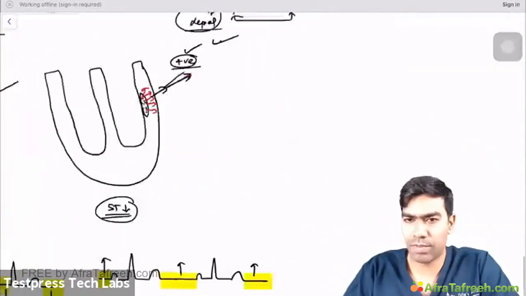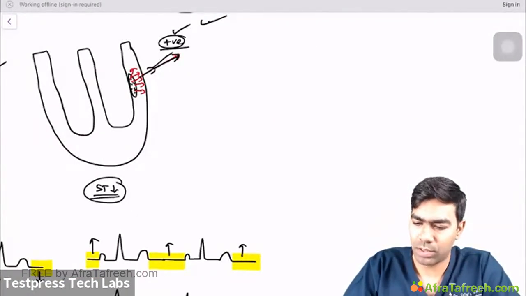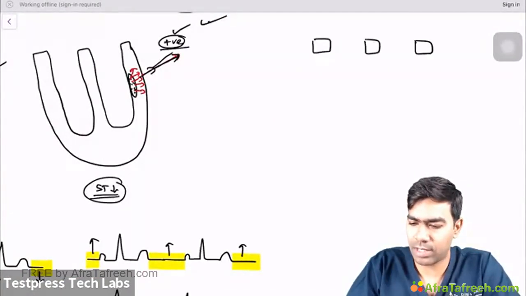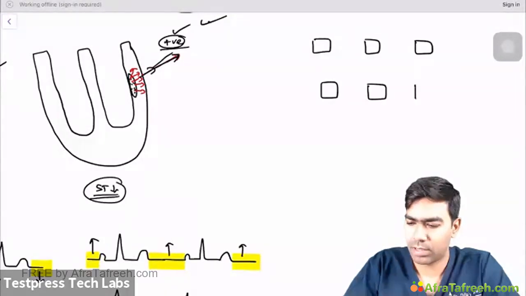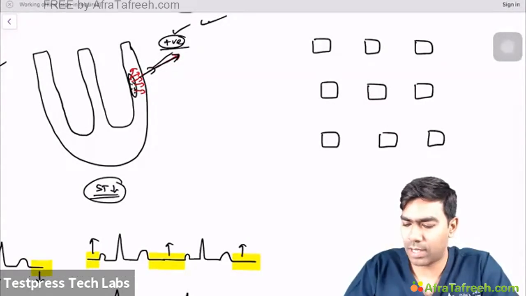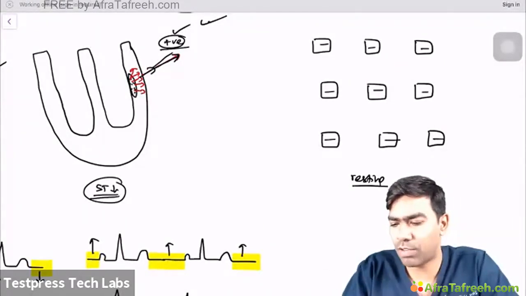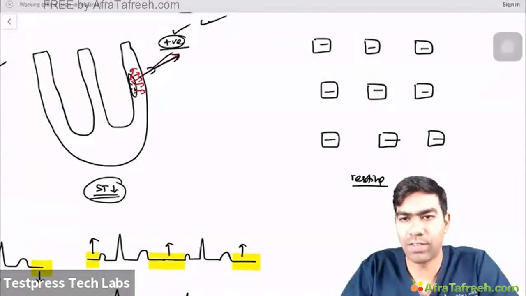If you take a group of cells at resting stage, what will happen? Here there is no coupling phenomenon. At resting stage, you're going to have negative inside. This is normal. And you should have a relative positive outside. The cell will be negative.